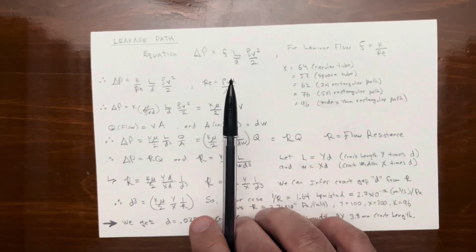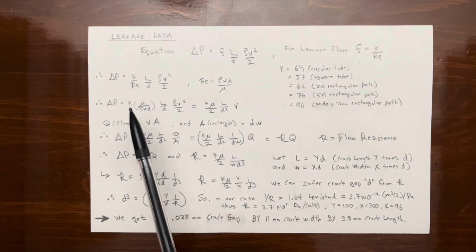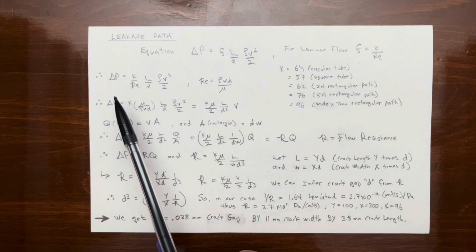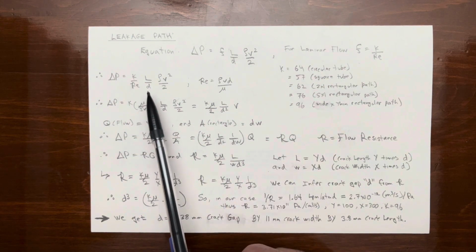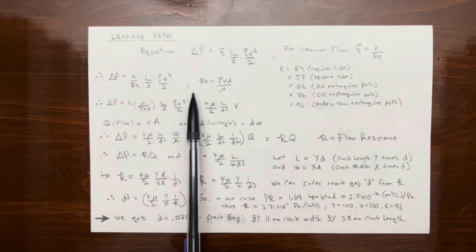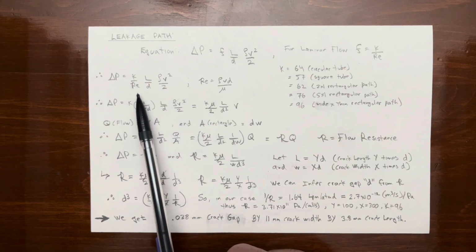From that, you can simply extract an equation. I'm substituting the friction factor. This is something that pretty much everyone has done before in many textbooks, but I'll just go over it briefly.